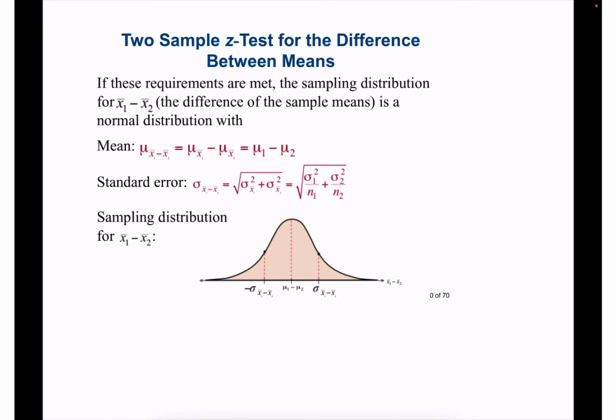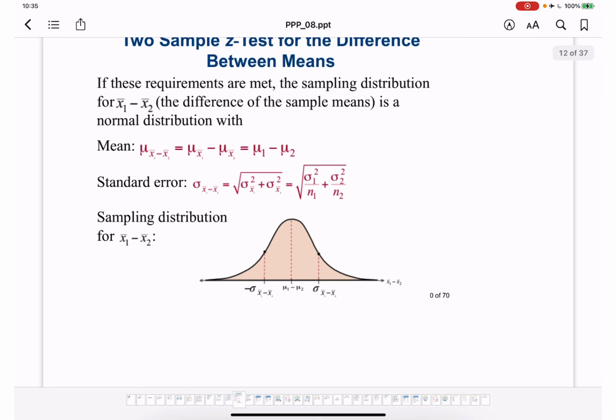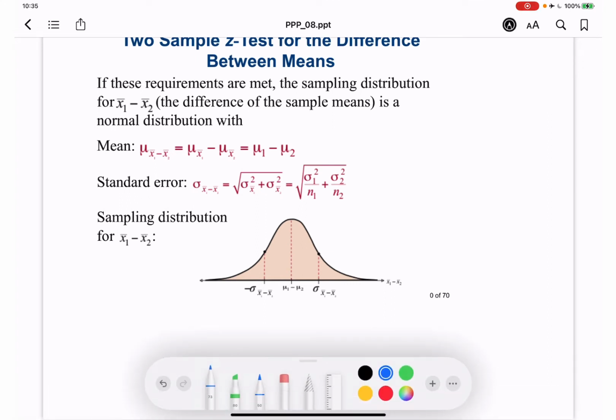First, we assume, and take as fact, that mu1 is equal to mu2. How do we do that? Mu1 minus mu2, we need to get 0. That means they are equal, yes?